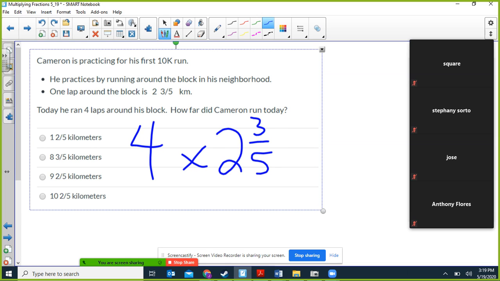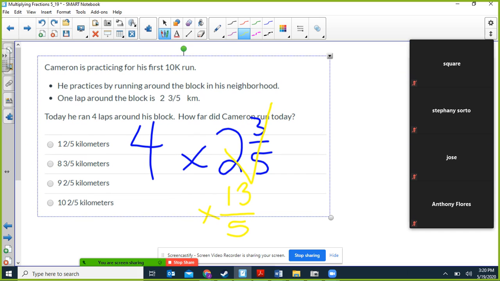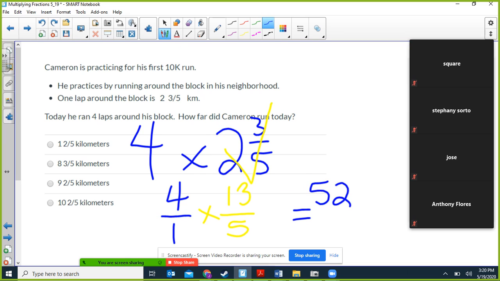So I got to take this 2 3/5 and put it into an improper fraction. There's that little check mark that I need to do. 2 times 5 is 10, plus 3 is 13/5. What do I do to my 4 wholes? Lovely. So 4 times 13 is 52.